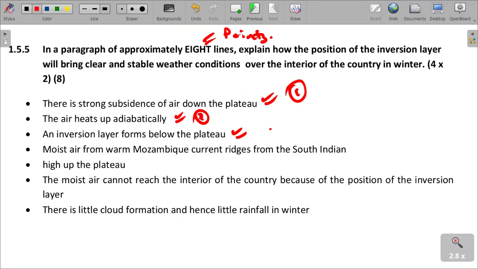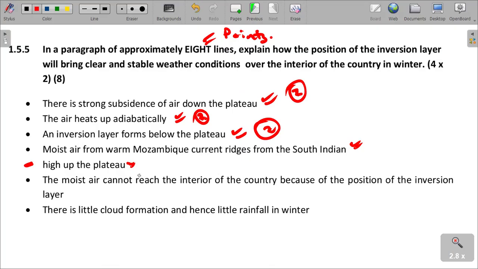We can also identify that moist air from the warm Mozambican currents reaches up to the South Indian high pressure plateau, and then the moist air cannot reach the interior.